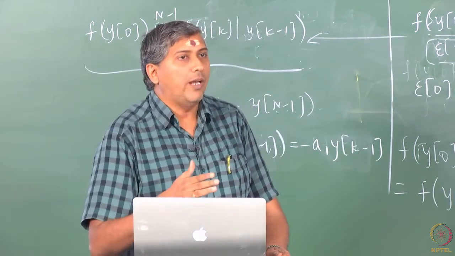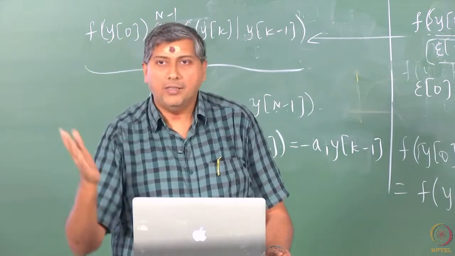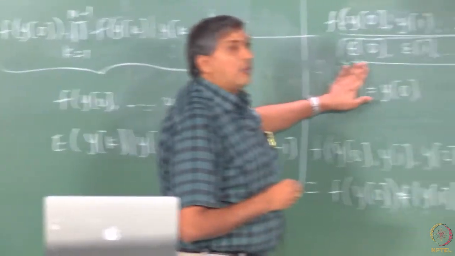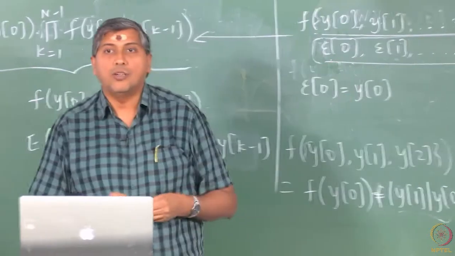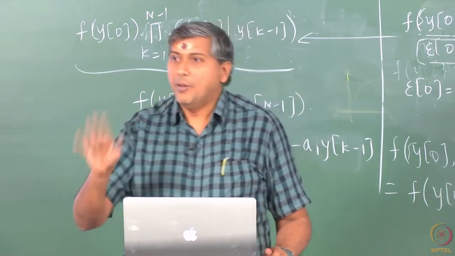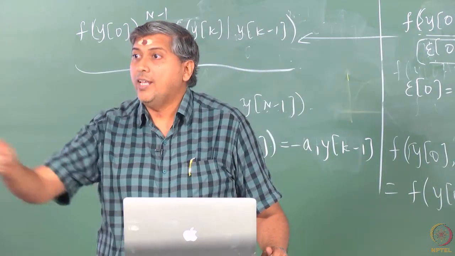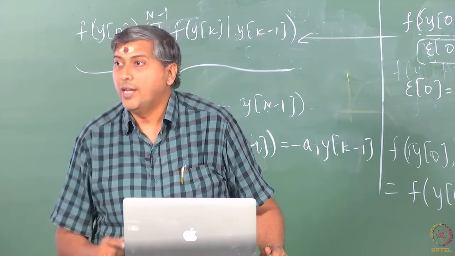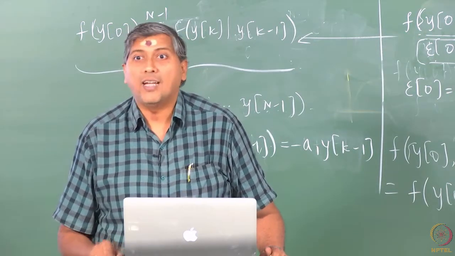We are talking of AR1, but the same arguments hold for ARP. What is the variance of epsilon 0? Sigma square e by 1 minus a1 square, whereas the variance of the remaining prediction errors is sigma square e. So if I were to set up a least squares problem, I should set up a weighted least squares problem.